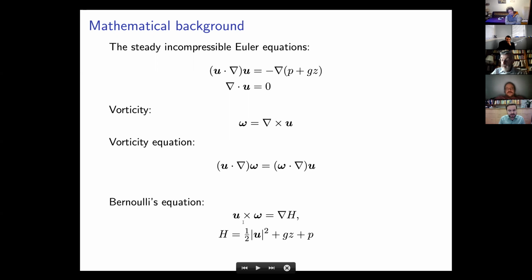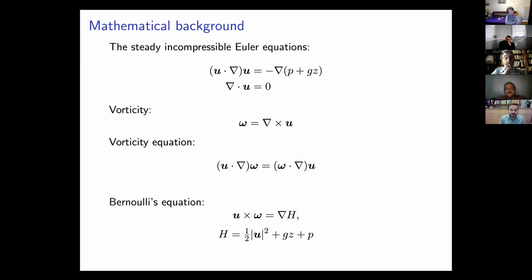Starting by assuming that u cross the vorticity, so the velocity field times the vorticity, is the gradient of some function, then you actually recover the Euler equations if you define the pressure so that this holds. So this function h, I call it the Bernoulli function. This will be important at the end of the talk.